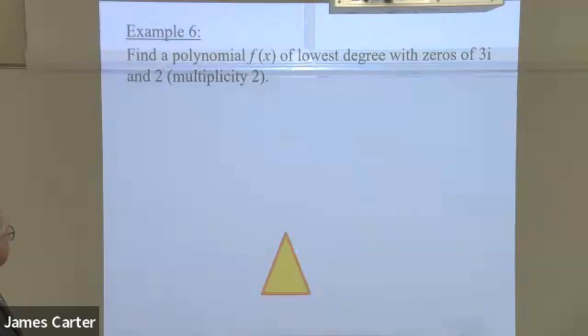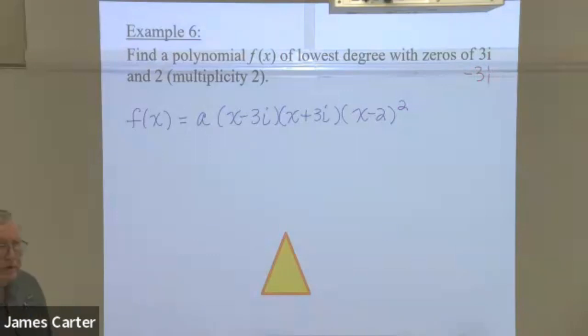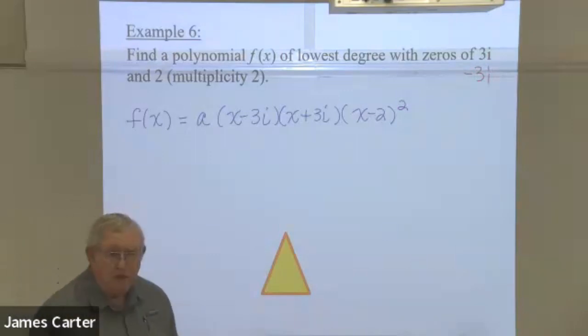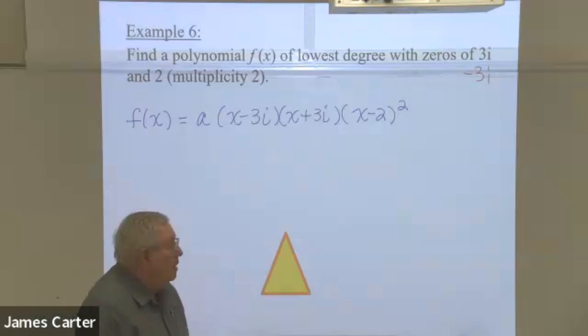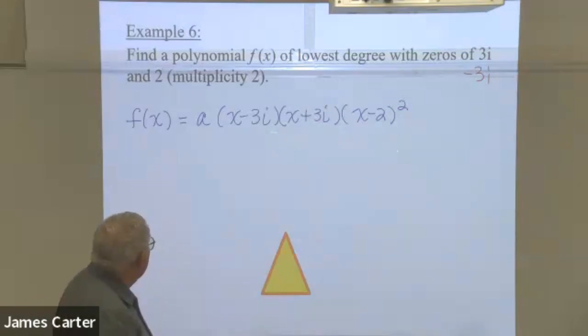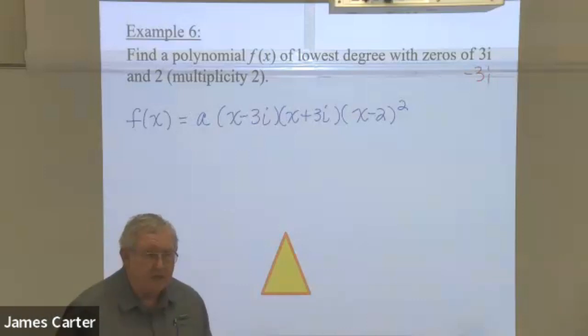Okay, here's another one that we got an imaginary, so we also have negative 3i. Now, they did something new on this one. I'm just showing you this one, okay? Because this is really kind of like what we've done before. On this one, we don't know what that a term is in the standard form.